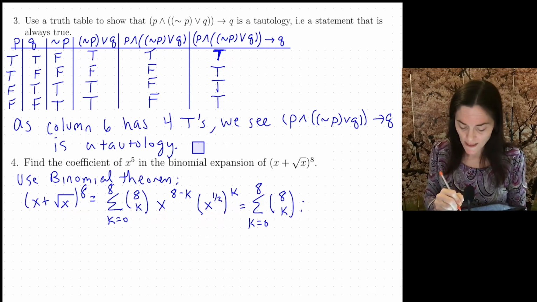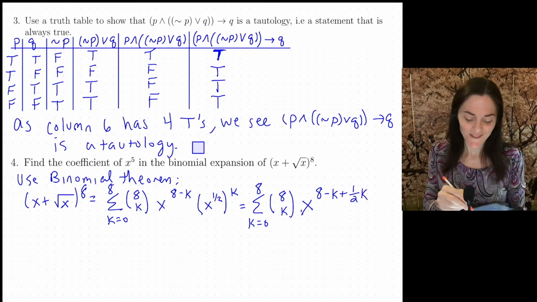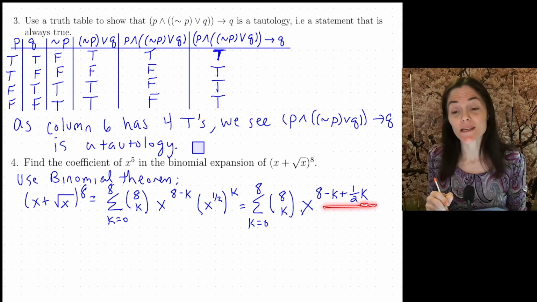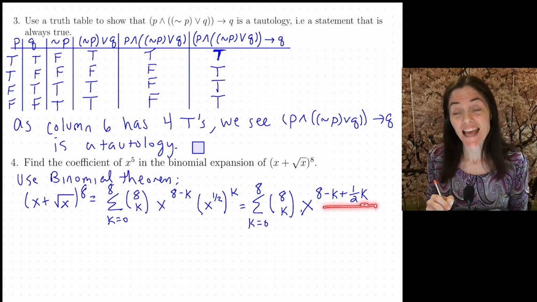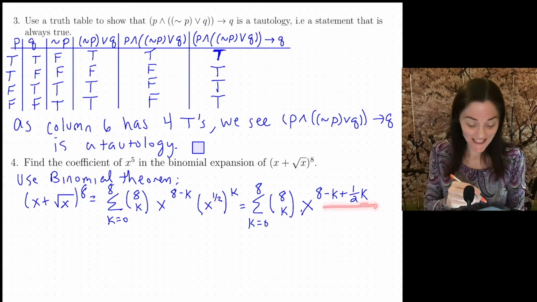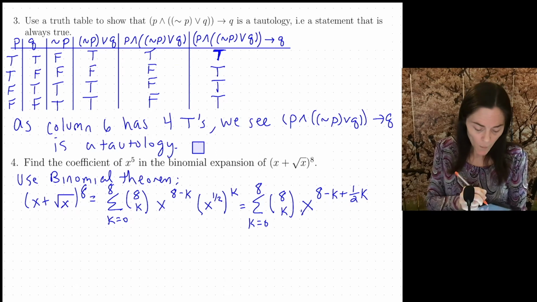And then we can add the exponents. So this would be altogether, we have x, this would be 8 minus k plus 1/2 k. And, well, I could take one more step. You see, altogether we have x to the 8 minus 1/2 k, which I'll write in the next step. But what do we want here?